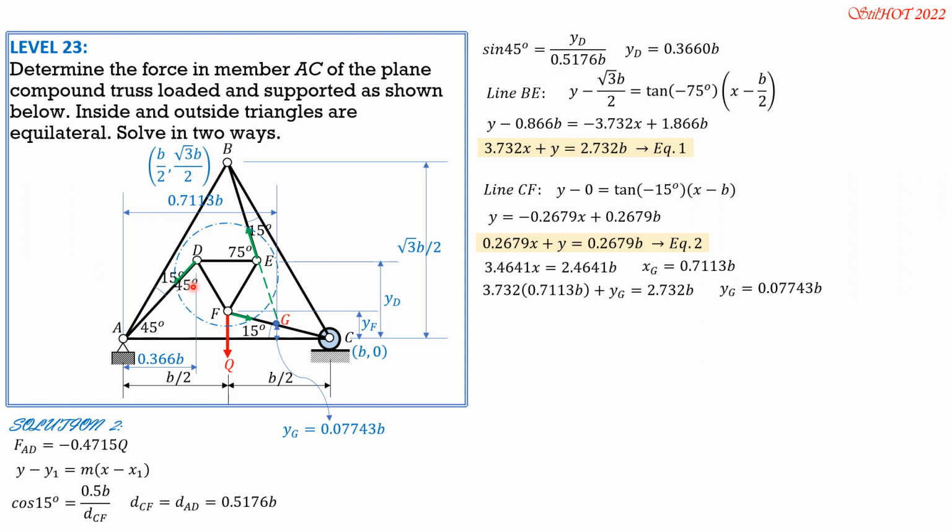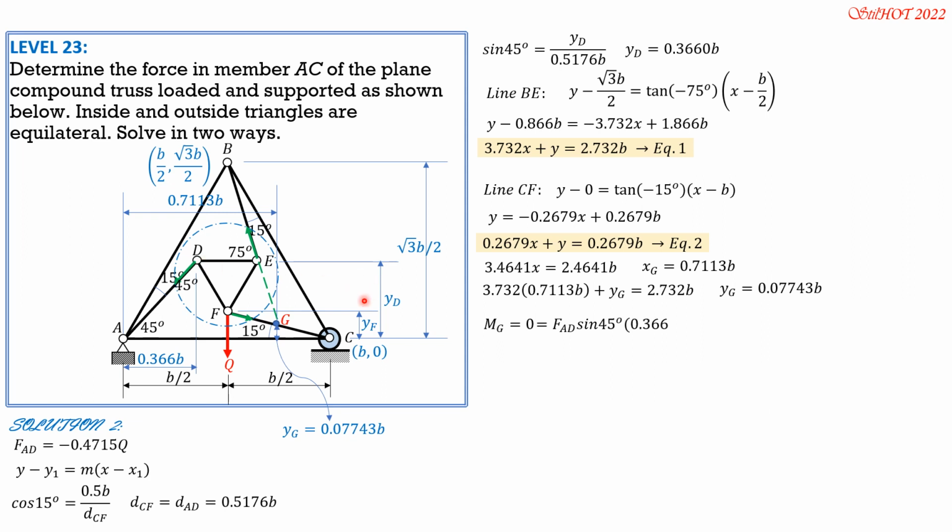Remember that this is also 45 degrees. So we set moment at G equal to 0. Then there are two components of FAD, horizontal and vertical. The horizontal and vertical components are both counterclockwise about G. So moment about G counterclockwise is positive. Then there are two forces that must be involved, FAD and the load Q. So for the horizontal component, moment at G equals 0 equals FAD sine of 45.